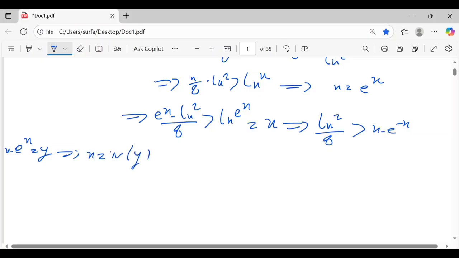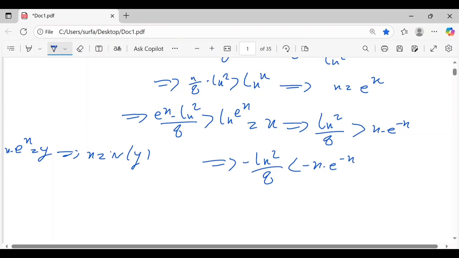So all we have to do here is multiply both sides of the equation by minus, so it will become like this. And this is the form that we have.